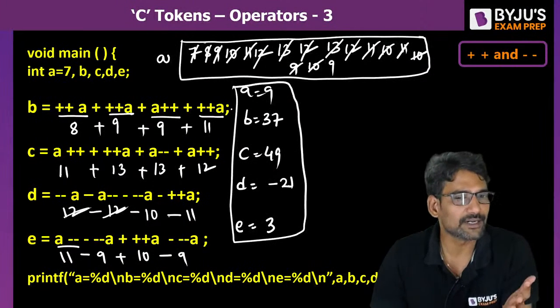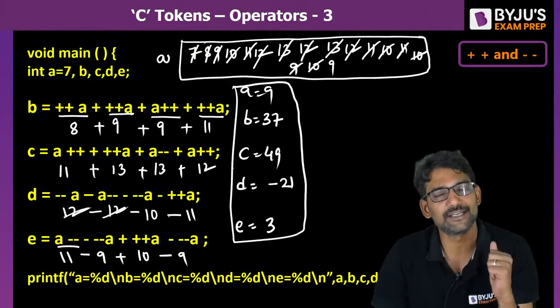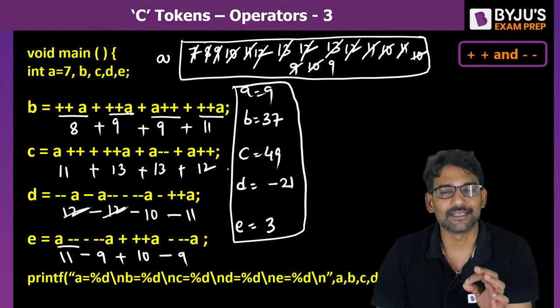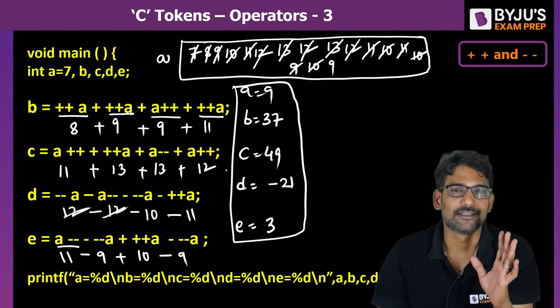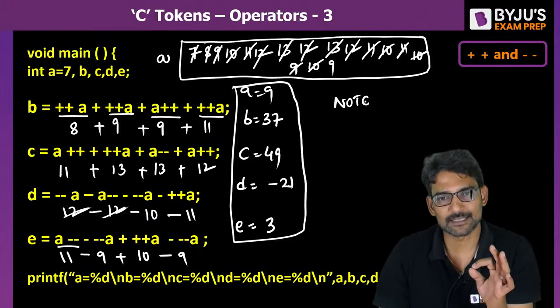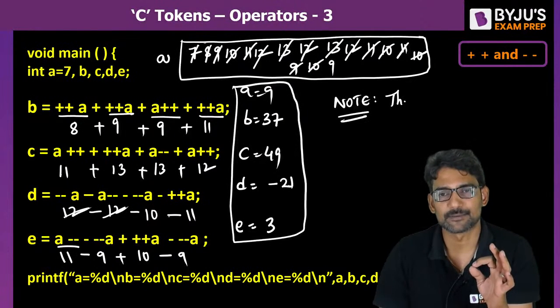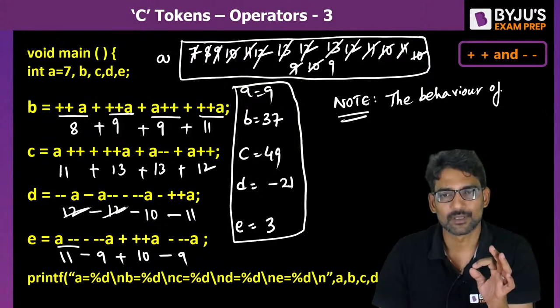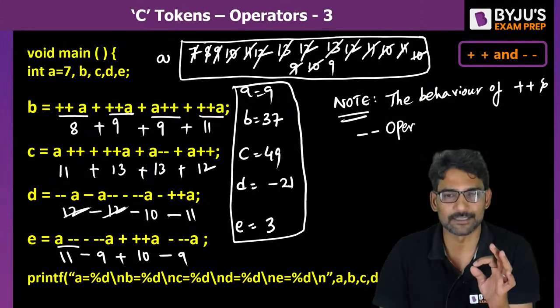But why are we getting different values for B and D? The reason is the behavior of plus and minus operators is unpredictable.